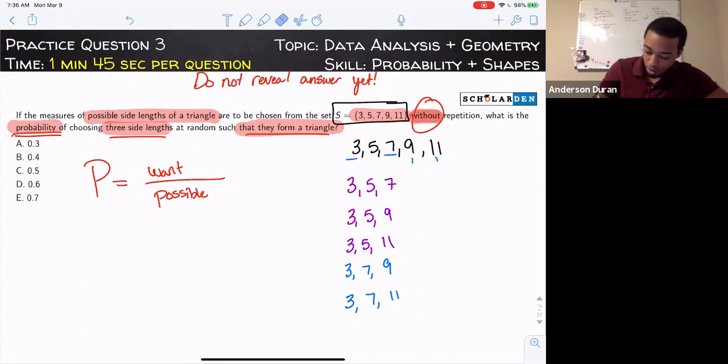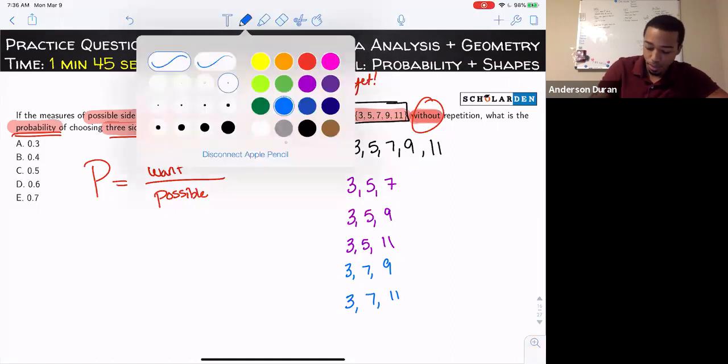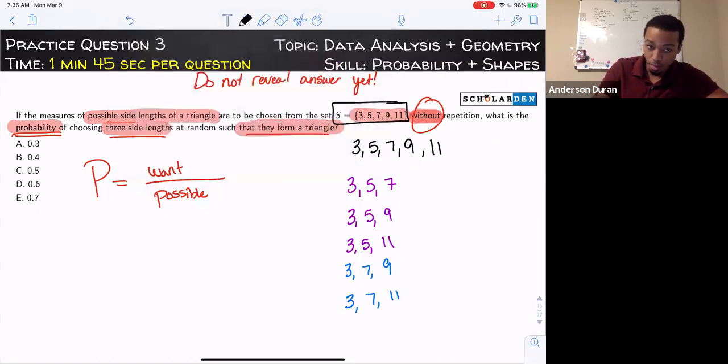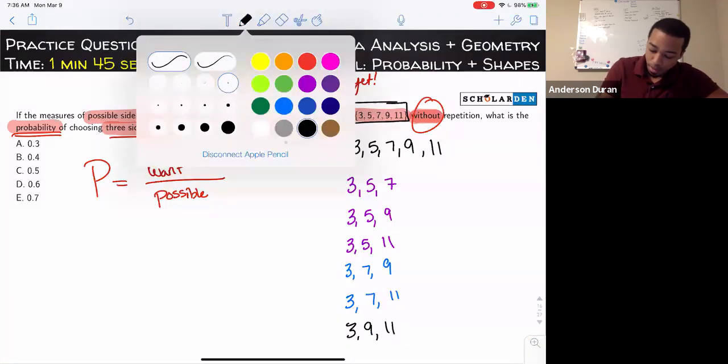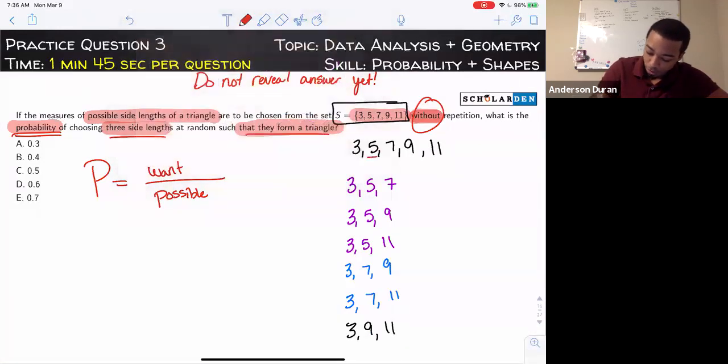Up next, in black, 3, 9, and then 11. Now, I'm going to continue this by grabbing red here, and I'll start off with 5 now because I've already exhausted everything with 3 in the beginning.